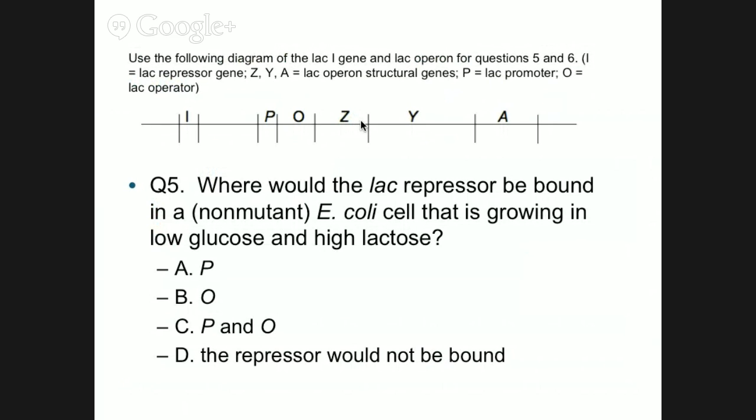The question is that E. coli is now growing in low glucose and high lactose. Where should the lac repressor bind? You should draw the sequence and the lac repressor, whatever you draw, and put it on your lactose process as one diagram.